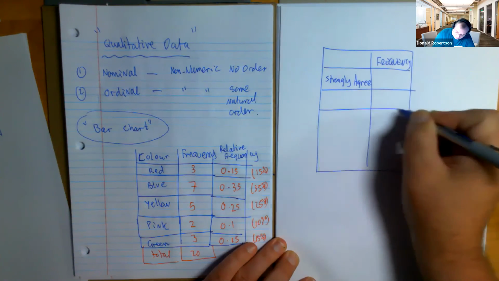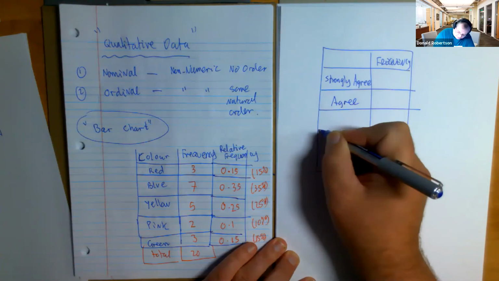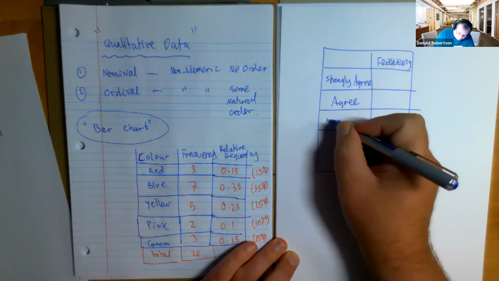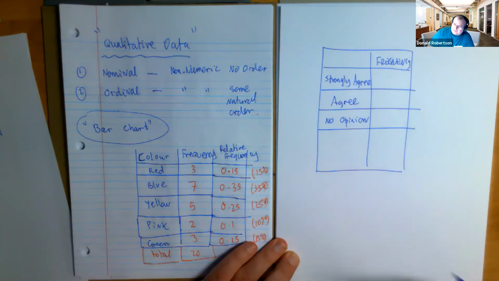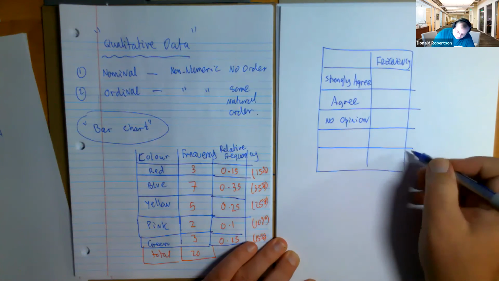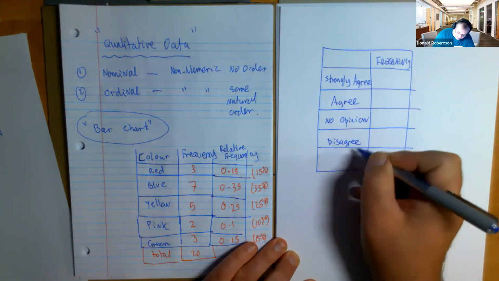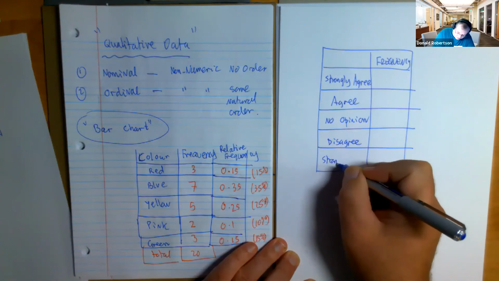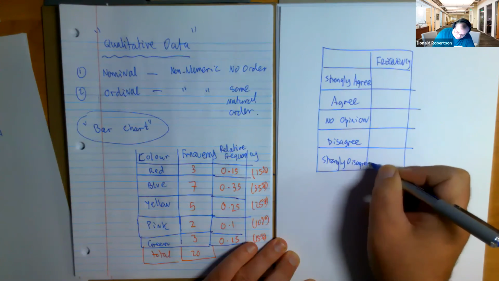We're going to do strongly agree. We're going to do agree. We'll say you've got no opinion in the matter, you know, you don't care, 50-50, that kind of person. You're going to be a disagree, and then you strongly disagree. Right?